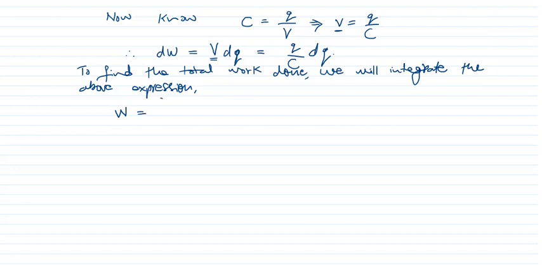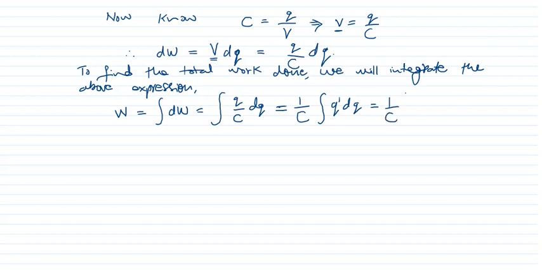Therefore, W is equal to the integral of dW, the integral of Q upon C dq. Now whatever is constant, we will take it out. Capacitance is constant. What is left? Q dq. Here it is Q raised to power 1 into dq.